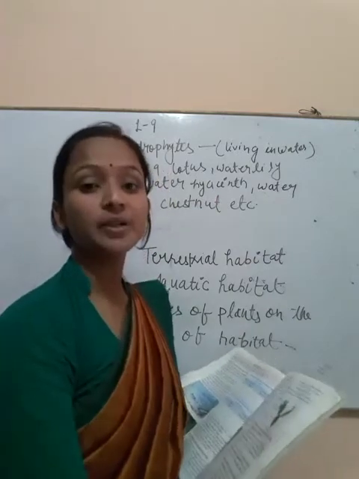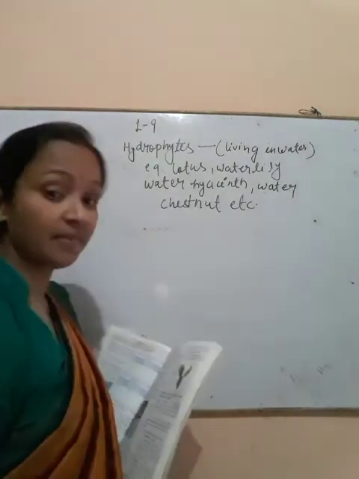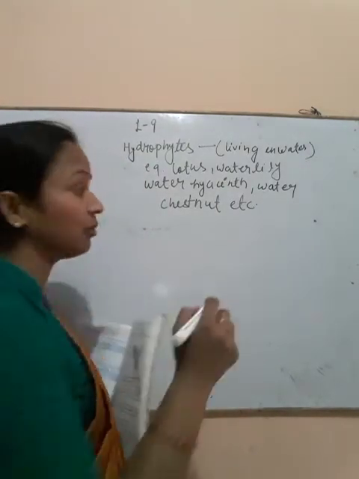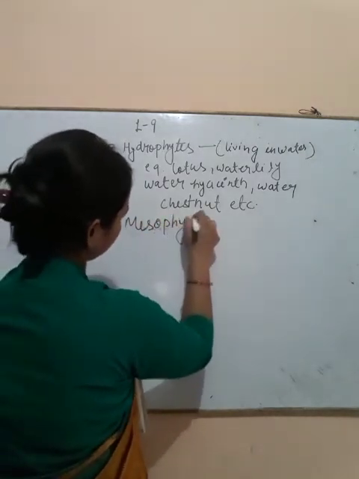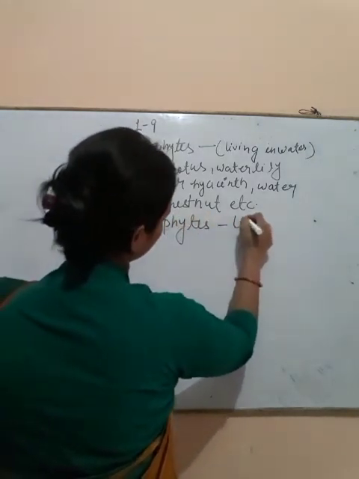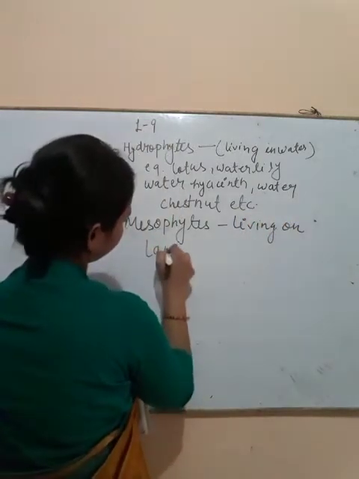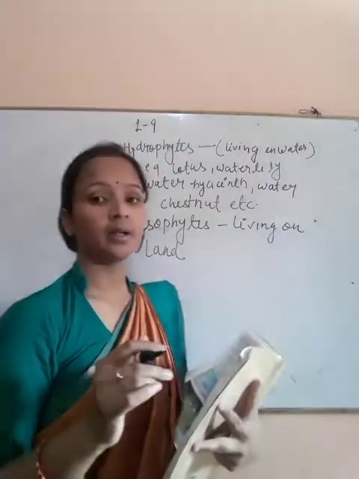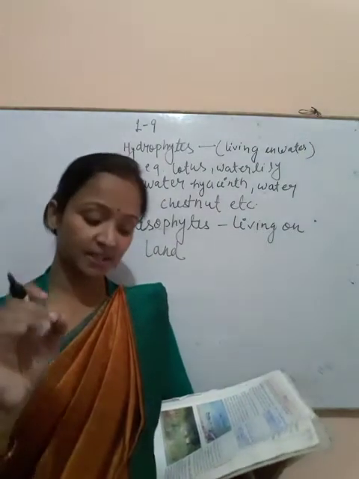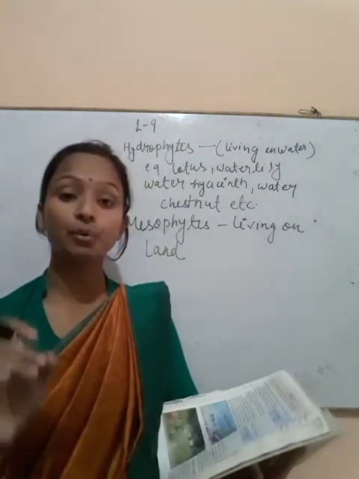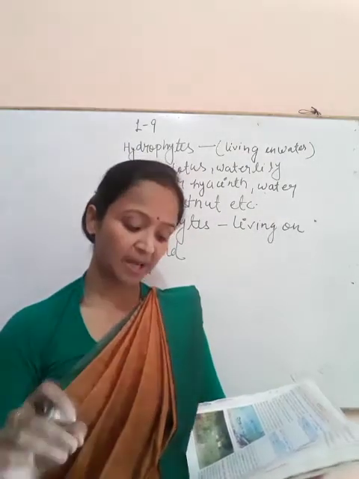Now come to the mesophytes. Second one is the mesophytes, living on land. Mesophytes live on land with sufficient water, like most herbs and trees, that is the terrestrial plants.